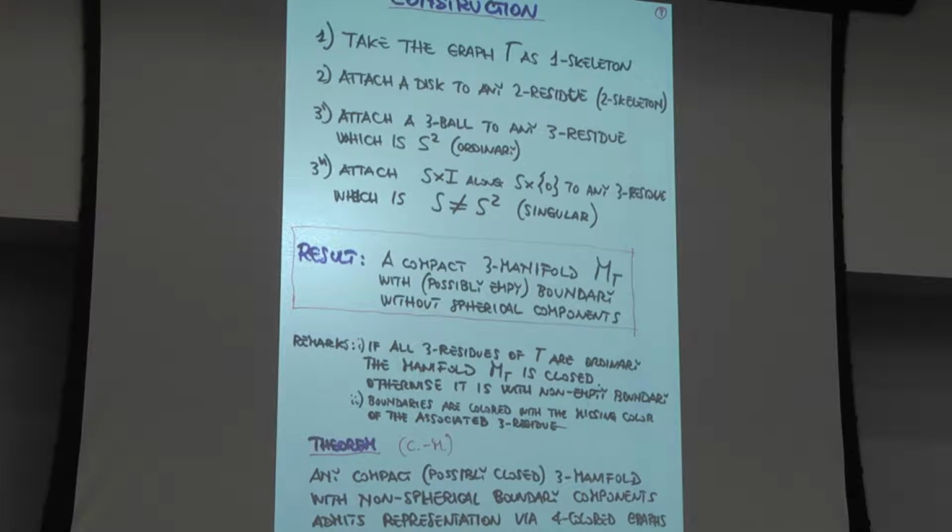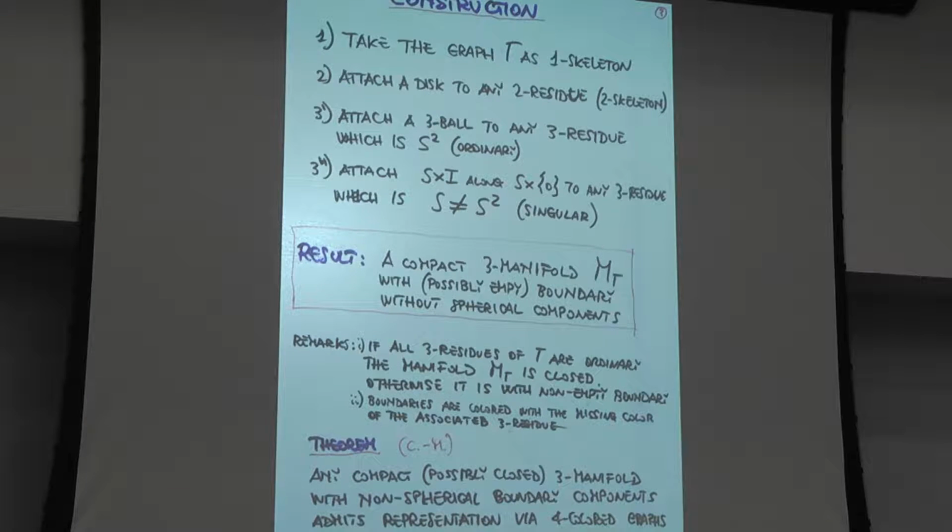So, what is the operation in order to obtain the three-manifold? Attach a three-ball to any three residue which is ordinary, which is S2. So for any S2 in the special polyhedron, you attach a three-ball, and if the residue is singular, so it's not S2, you just thicken it. You attach S times I along S times 0.